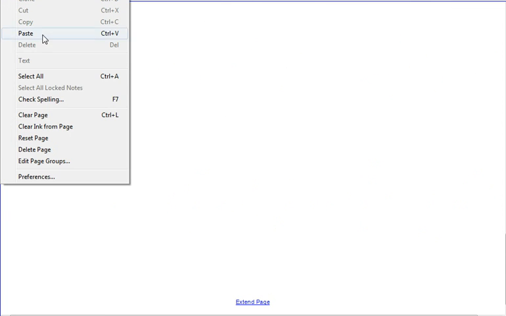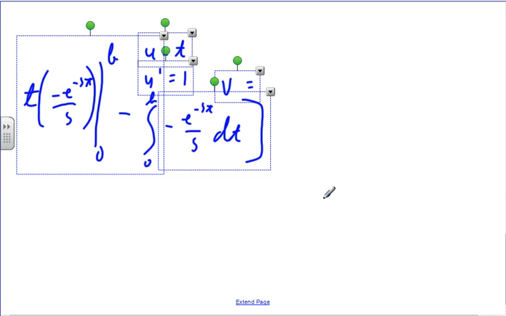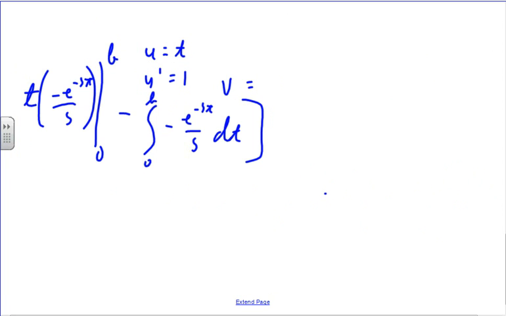Okay, now edit, paste. All right, so it's 3 to infinity, and I still have to take the limit as b goes to infinity. Okay, so I still have to do that. All right, so I've got the limit as b goes to infinity.